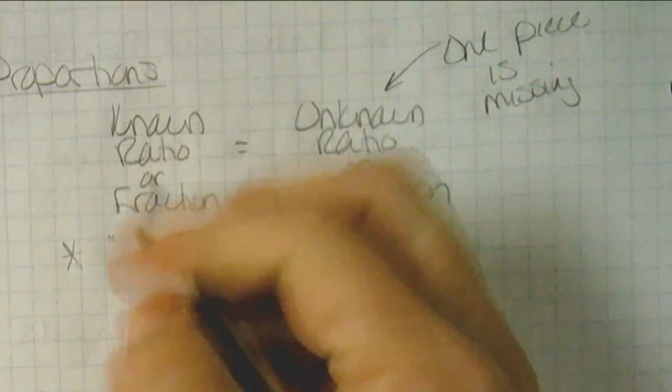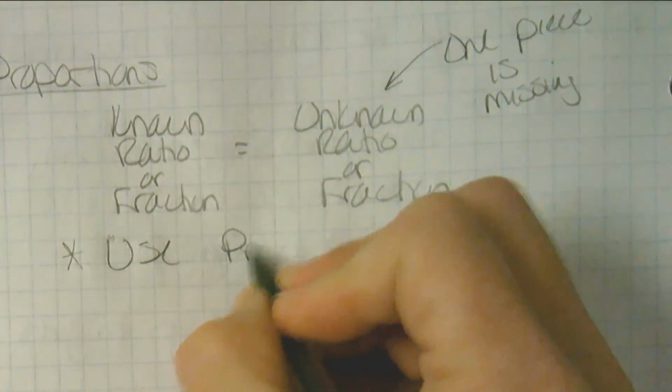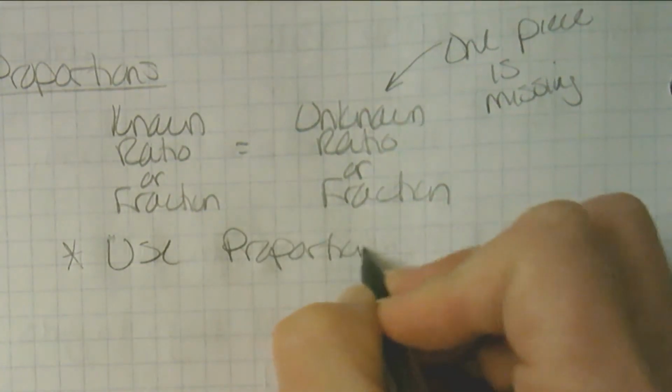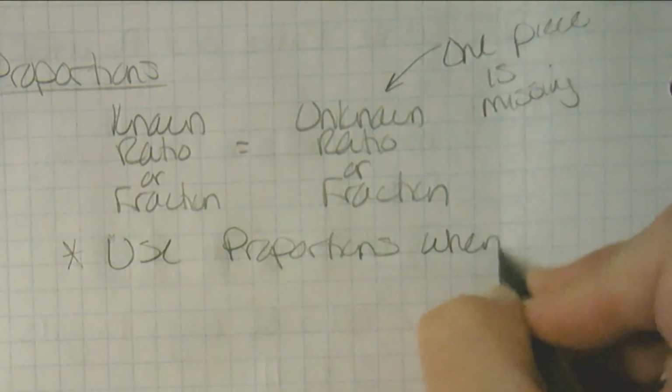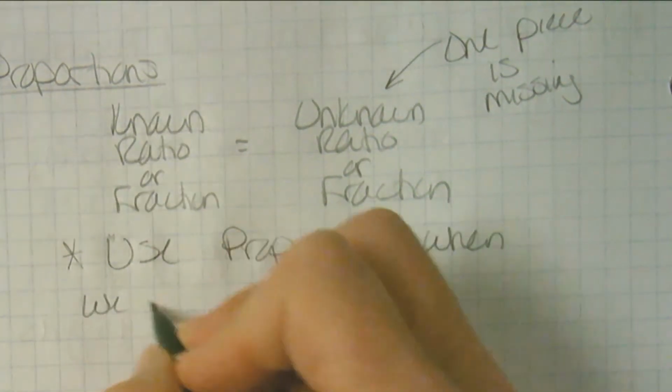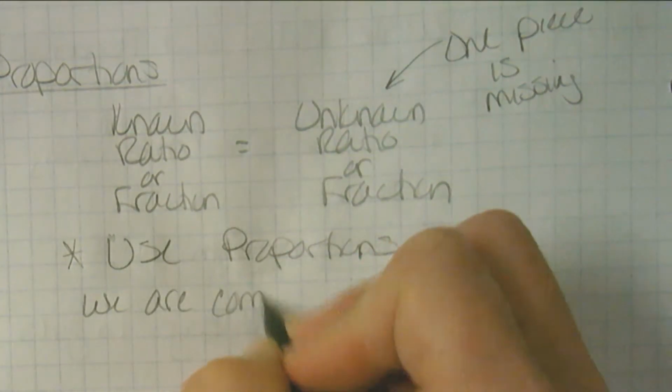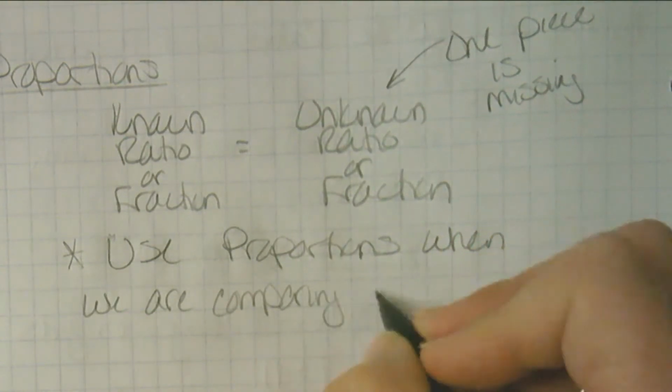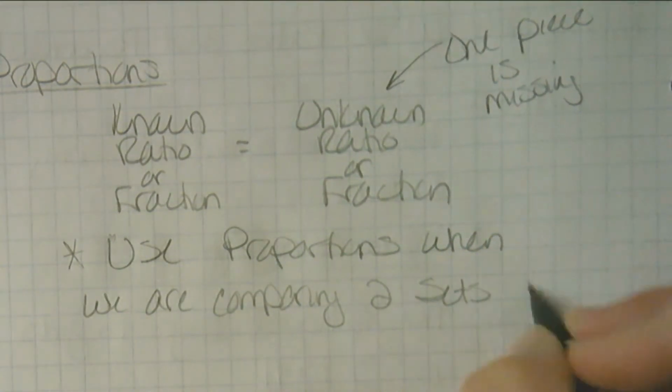Now let me take a step back. Let's talk about when we want to use this. We use proportions when we are comparing two sets of data.